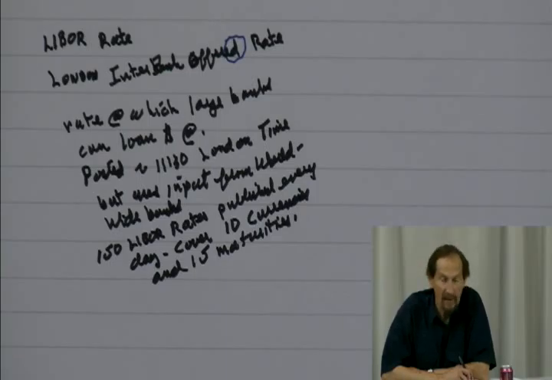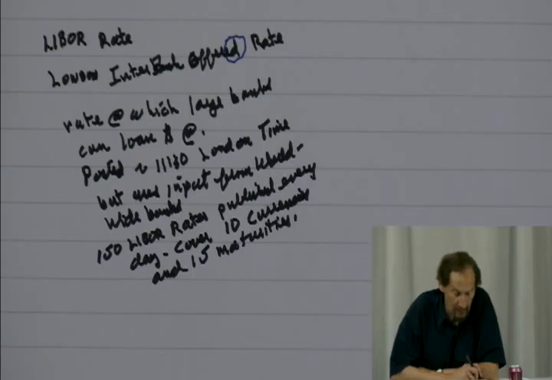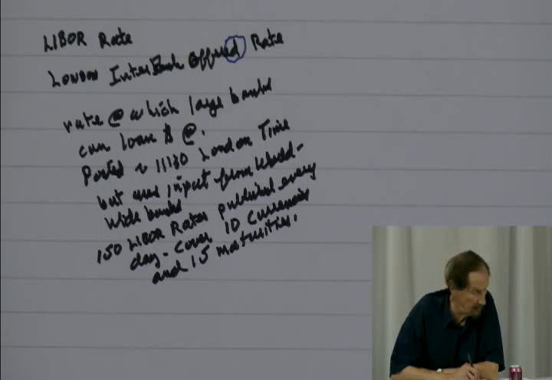Typically, they are percentages above the LIBOR rate. The LIBOR rate, you'll see, is low. So don't just think of this as something in London. This is worldwide. This is perhaps the most important metric.